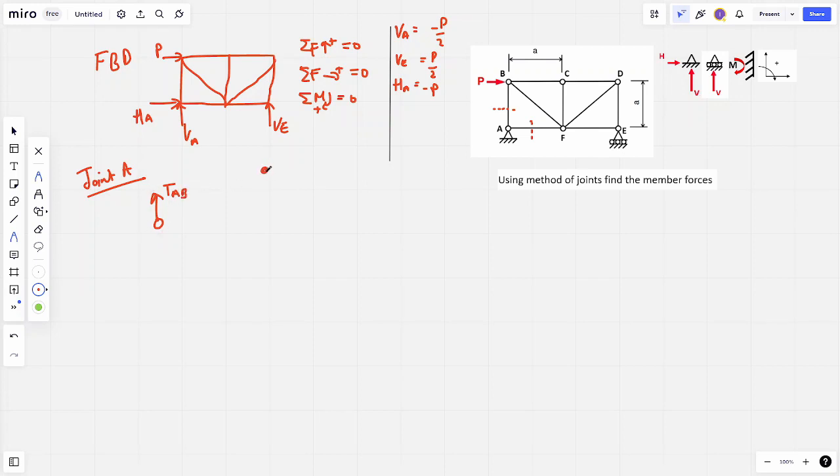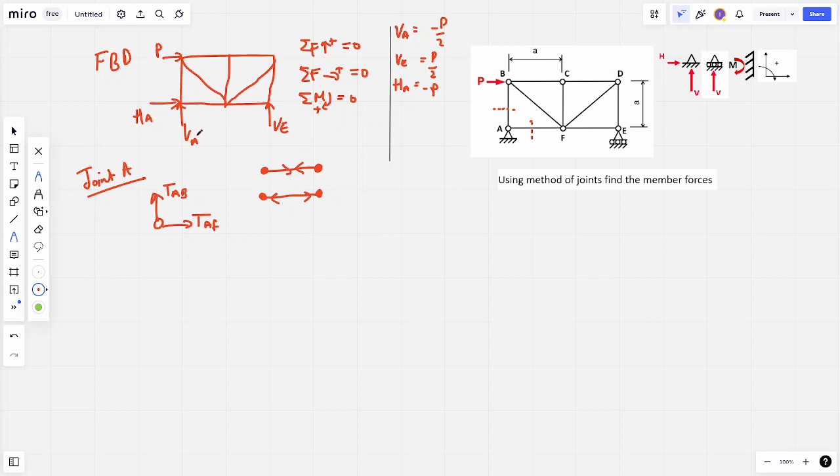In tension between 2 nodes, the forces always point towards each other, and in compression between 2 nodes, the forces always point away from each other. As I said, we're going to assume it's in tension. So we've got TAB and then also TAF.